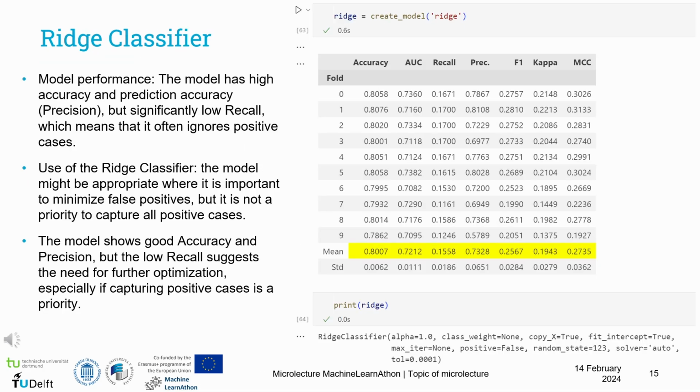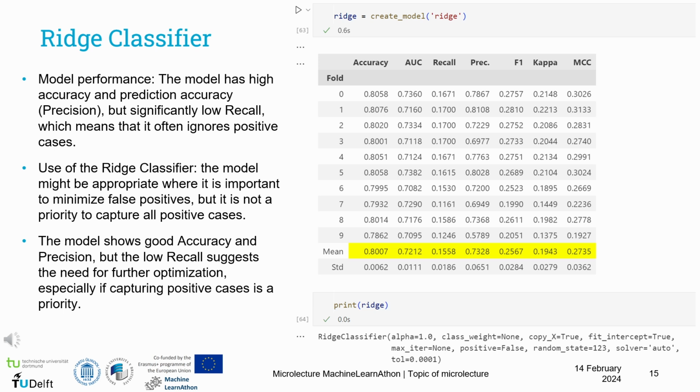Here we see an example of using the create model function to build and evaluate a ridge classifier. The model achieved an average accuracy of 80% and a notably higher precision of 73%, indicating that when it predicts positive cases, it is usually correct. However, its recall is significantly low, only 15%, which means it fails to detect a large proportion of actual positive cases.